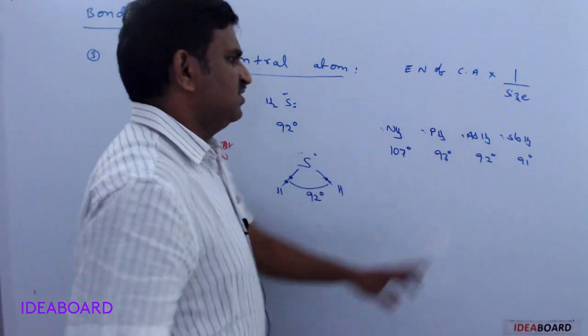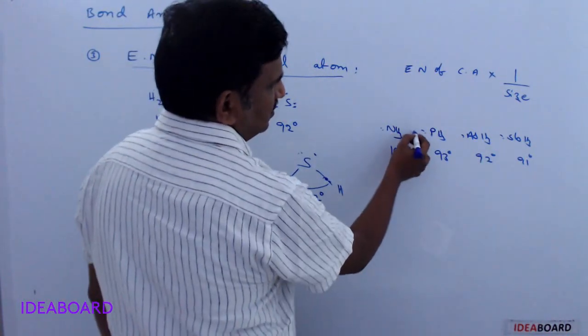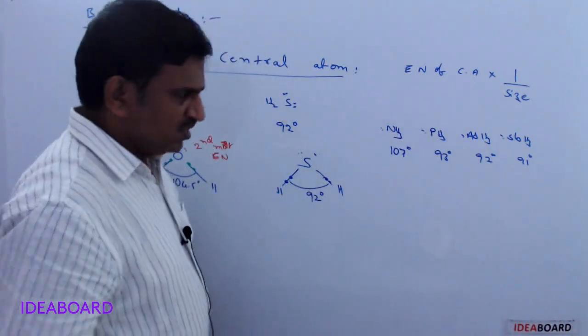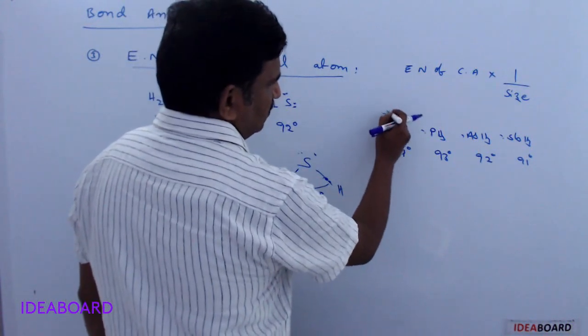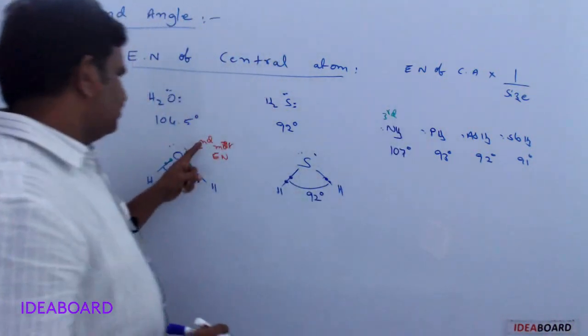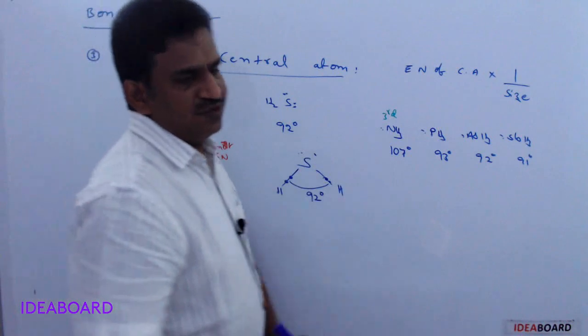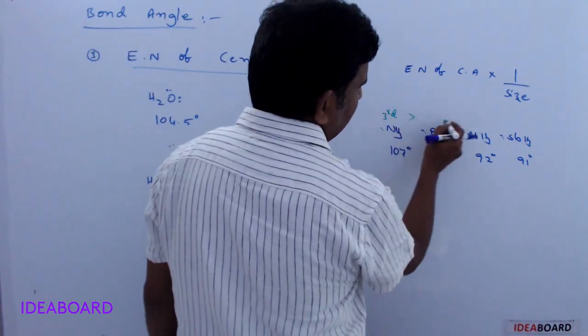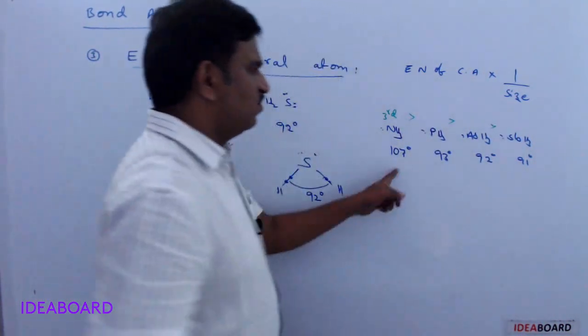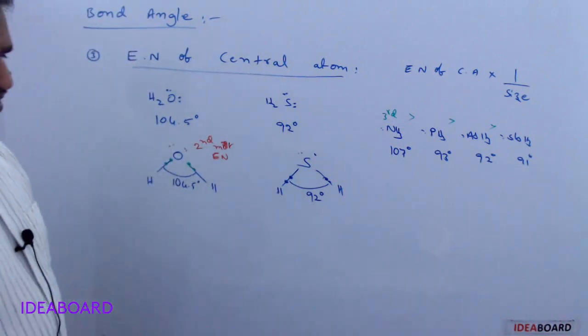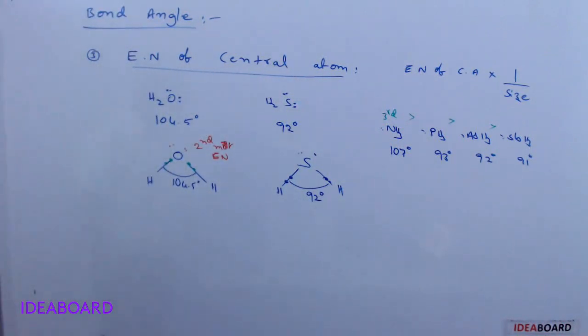So why? Because nitrogen has the highest electronegativity. It is the third most electronegative element. Second most is oxygen, third most is nitrogen. So the electronegativity gradually decreases, so the bond angle values decrease. Okay.